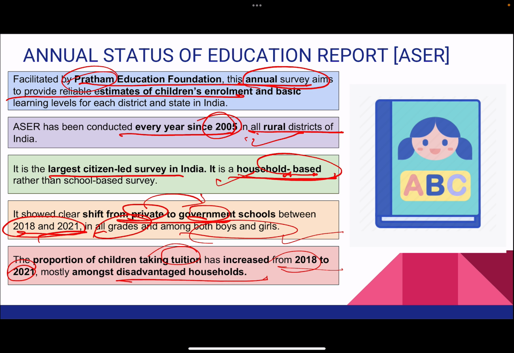Disadvantaged means they lack certain threshold parameters, and those are called the disadvantaged households. So in the same time period, 2018 to 2021, both the number of students switching from private to government schools and the number of students taking tuitions along with their schools increased. So this is one trend that came out of this report.